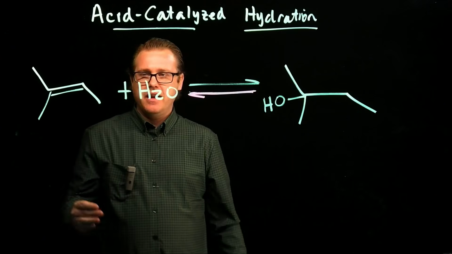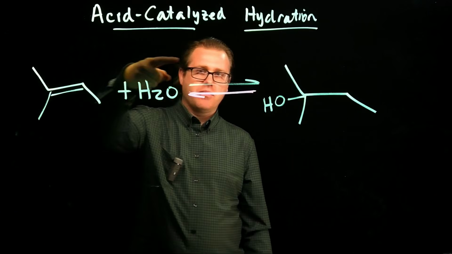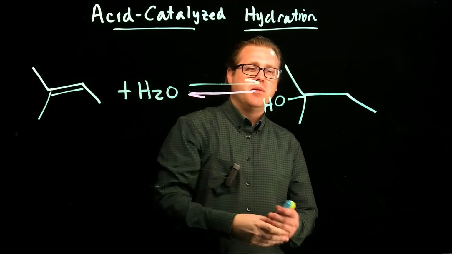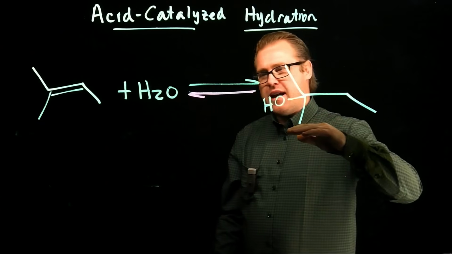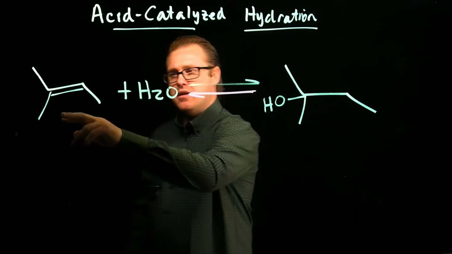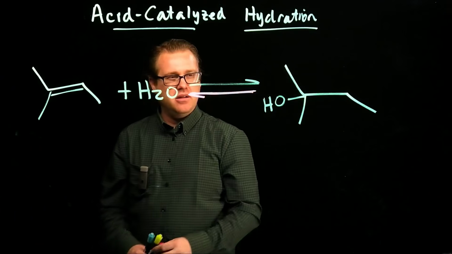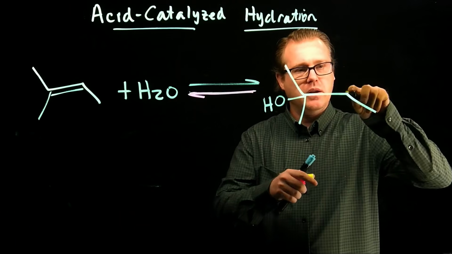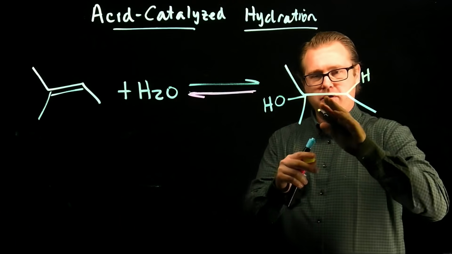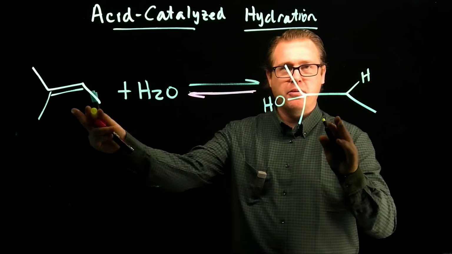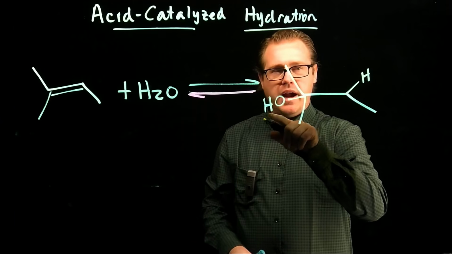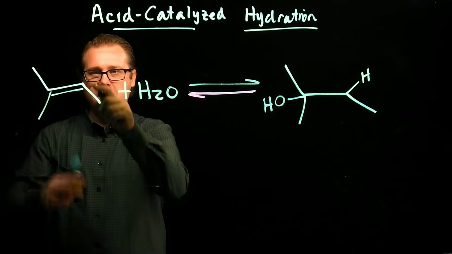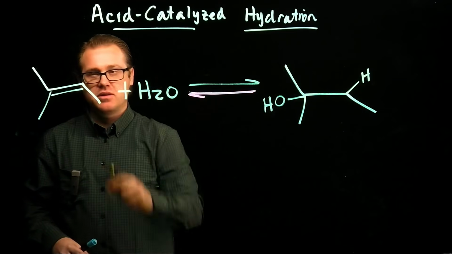In the forward direction, we have the acid-catalyzed hydration. But in the reverse reaction, we're doing an elimination. Why? Because look at what we're eliminating. When we go from this alcohol to the alkene, we're losing OH and this hydrogen. You can see the OH is no longer there, and one of those hydrogens is taken off.